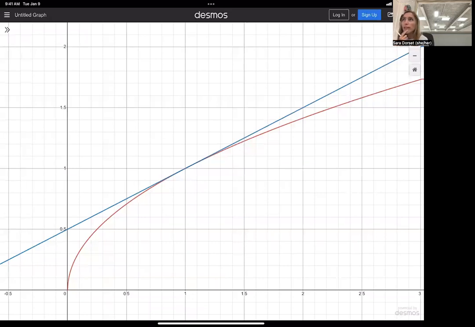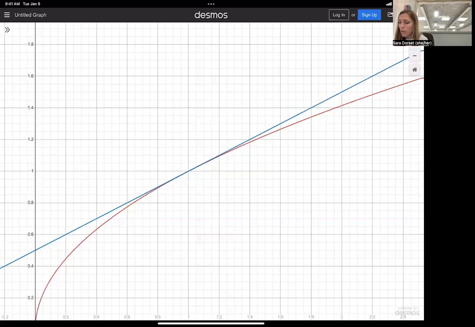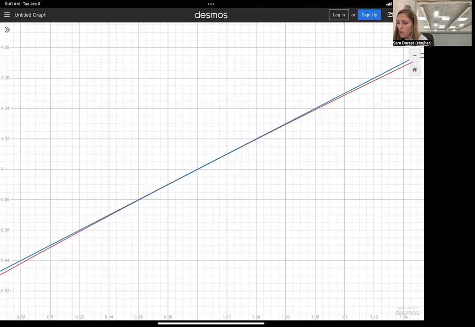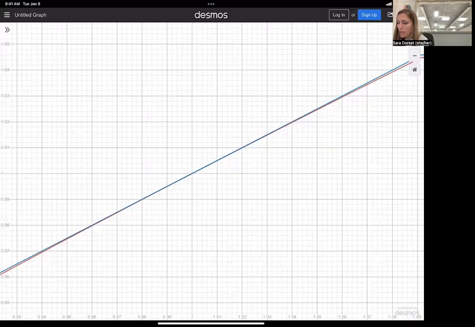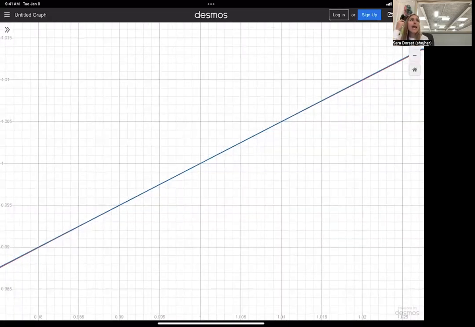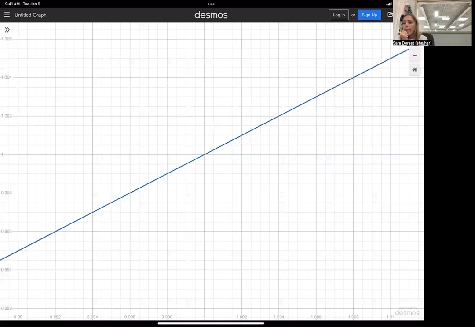what does it look like is happening? If I zoom in even further to that point, zoom in so much, what does it look like is happening to those two graphs? They're becoming the same. It looks like as we zoom in on that point, the graph of the function square root of x is almost becoming linear.